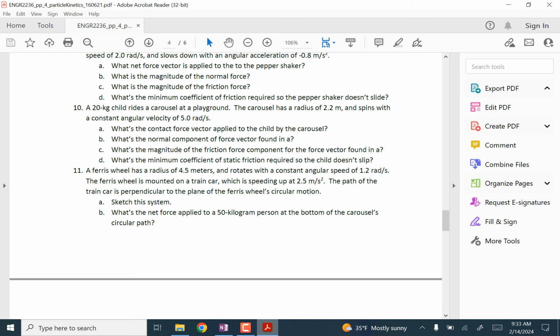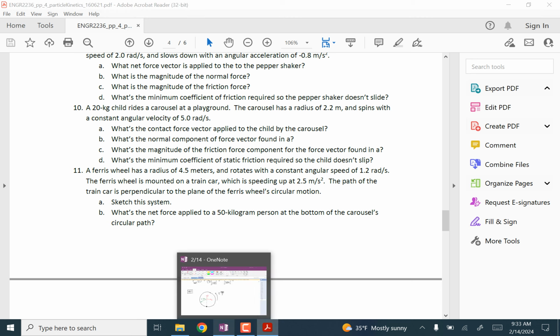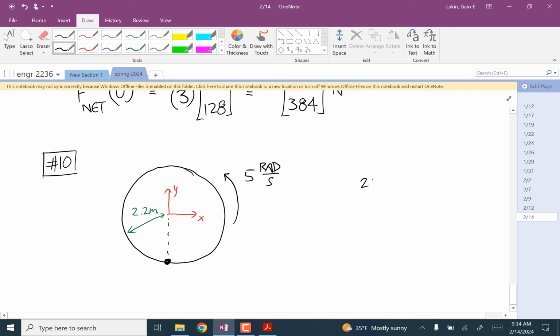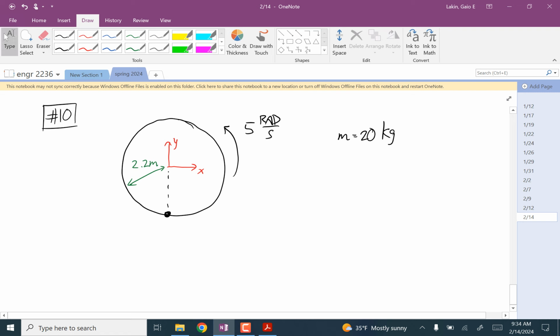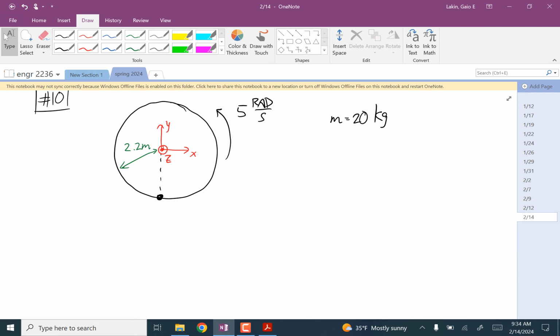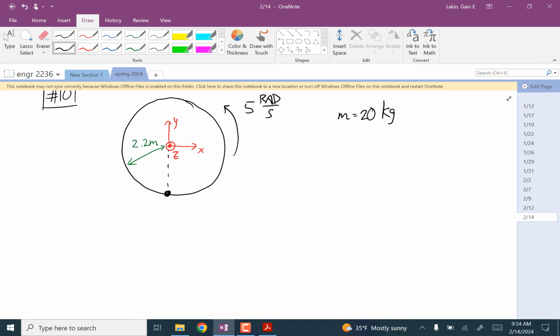Okay. The kid has a mass of 20 kilograms. So the first thing we have to do is calculate the acceleration. The z-axis is coming out. This is just a circular motion thing.